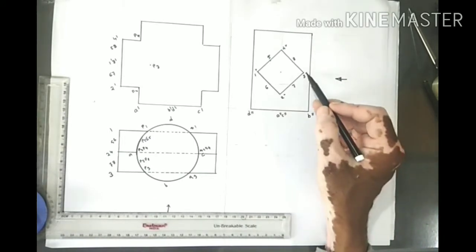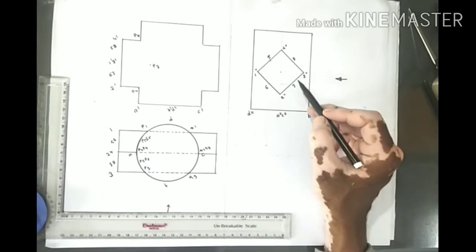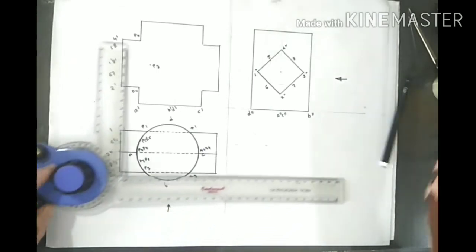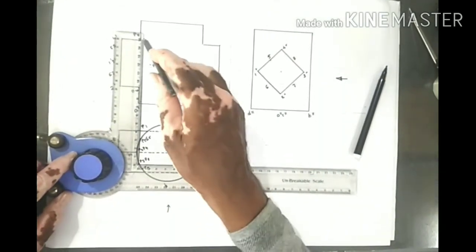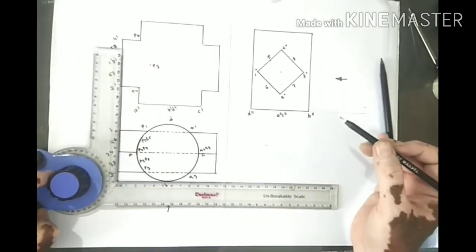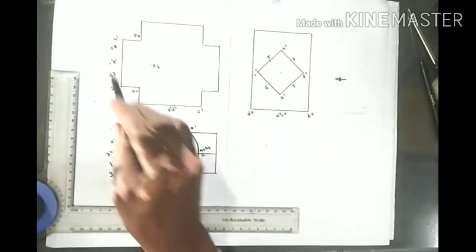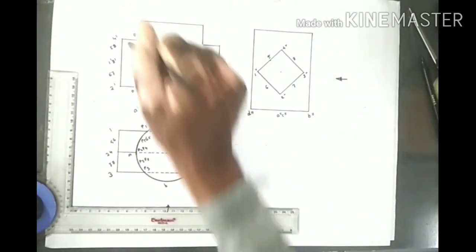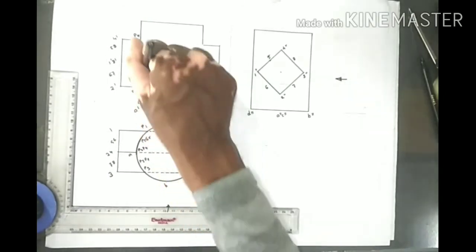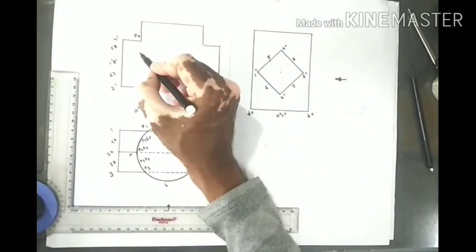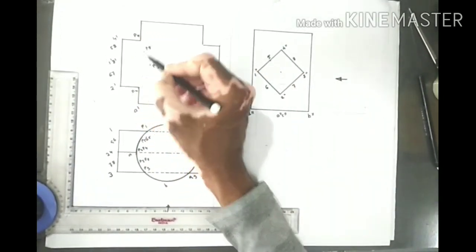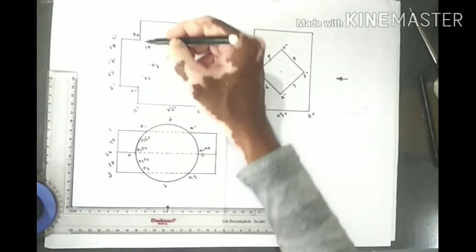Again 3. Now 3 will join to 8 and 3 will join to 7. So project this P3 and P8 and P7. So this P8 here and P7 here. So this P8 and this P7.